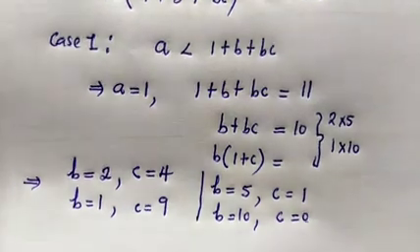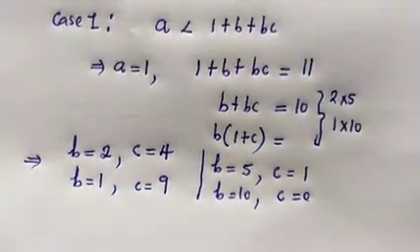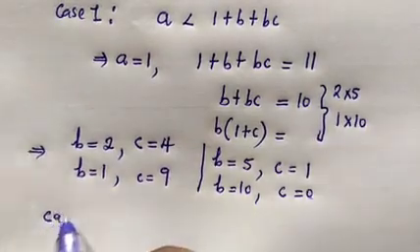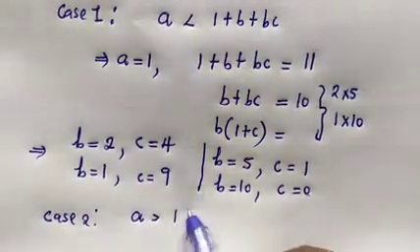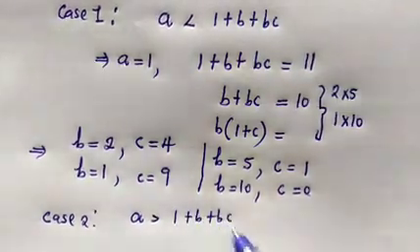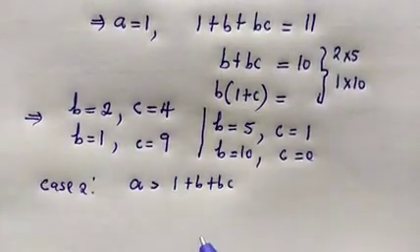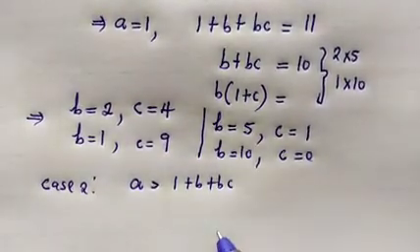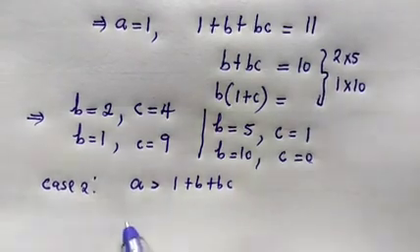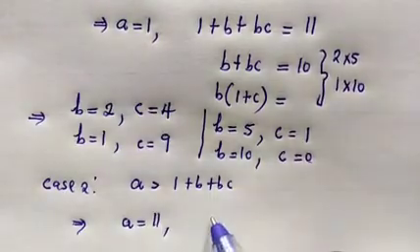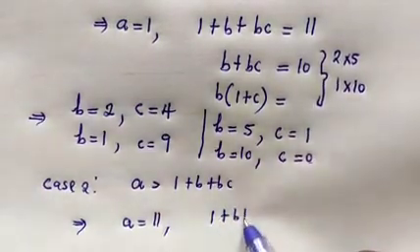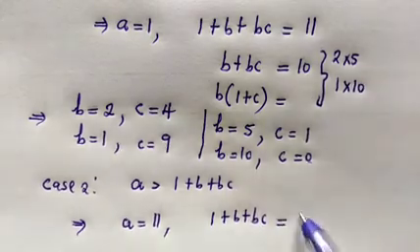Now let's consider the second case. In our case 2, this is where a is greater than 1 plus b plus bc. So let's see what happens. This implies here that a is going to be equal to 11, and then 1 plus b plus bc will be equal to 1.